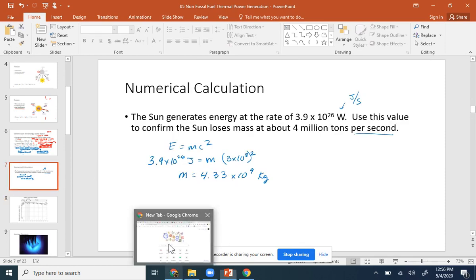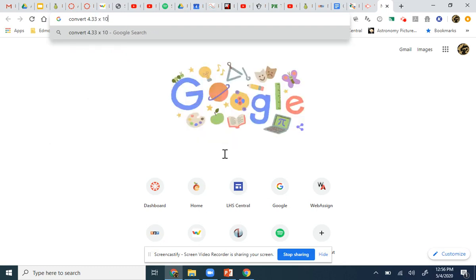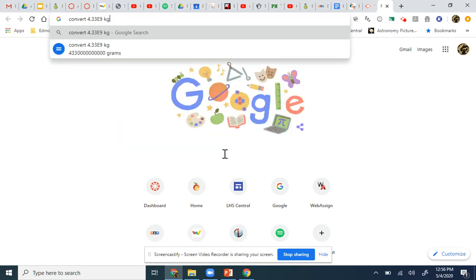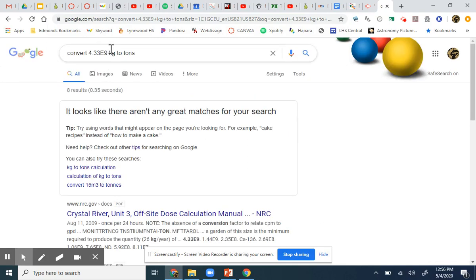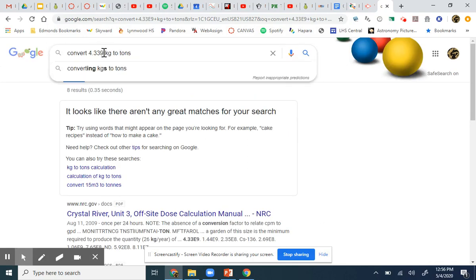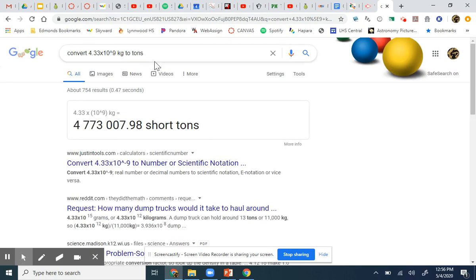So go to Google, and just say convert 4.33 kilograms to tons. And it says 4,773,000 tons.